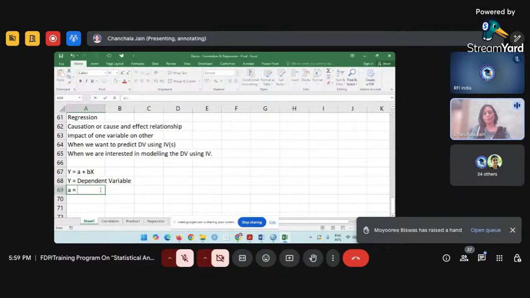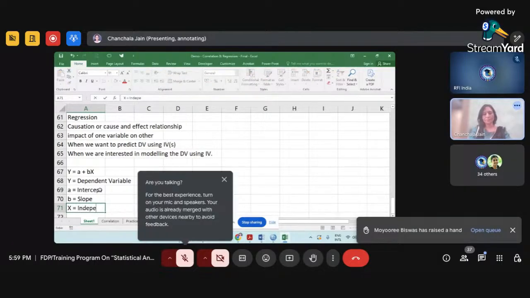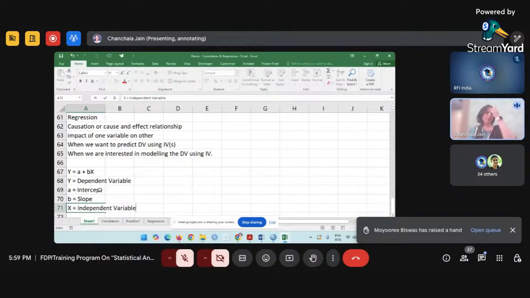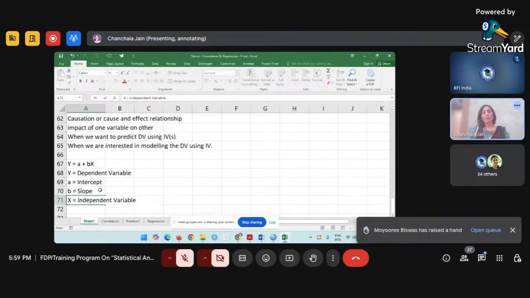A will be your intercept, B will be the slope, and X will be the independent variable, or input variable, or regressor, or predictor, right? Clear?